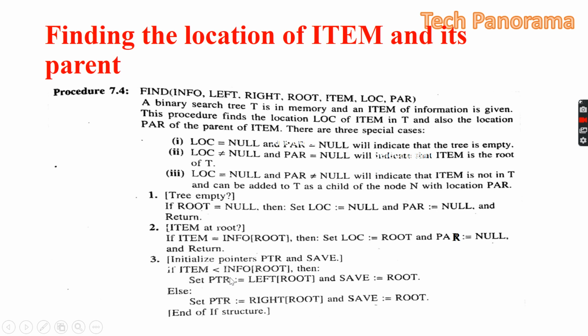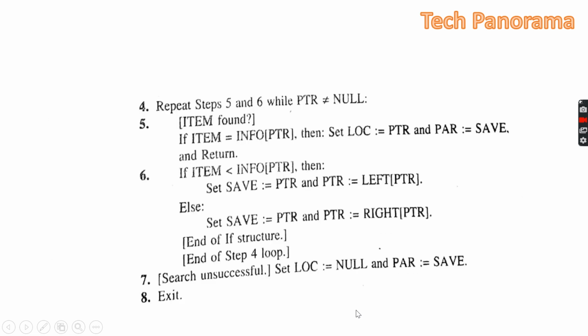If the item is less than the info of root, then the pointer will move to the left of the root. But if the item is greater than the info of root, then the pointer will move to the right of the root. So we set PTR equal to left of root, and SAVE equal to root, which is considered the parent. Otherwise, PTR is equal to right of root and SAVE is equal to root.